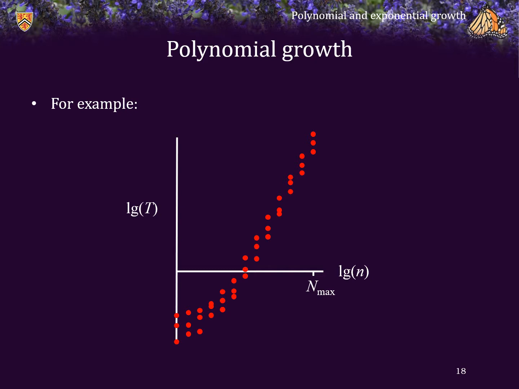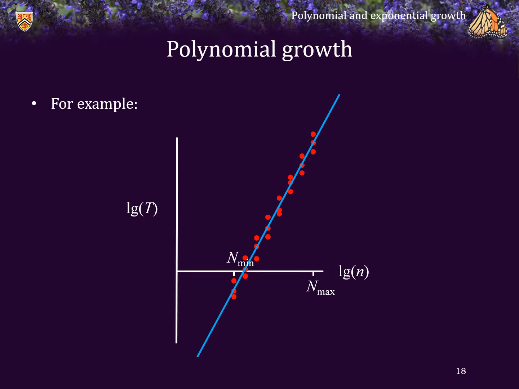Notice that after around this value here, the points seem to be falling on a straight line. Consequently, we're going to discard all values less than capital N sub min. So we will only be interested in the points from n sub min to n sub max. We're going to be doing this visually.